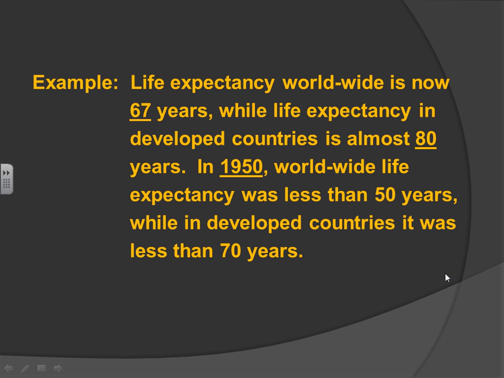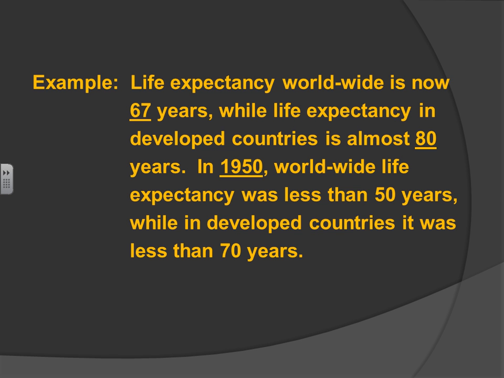So, for example, life expectancy worldwide, in other words, if you average everybody in the world, it's 67 years, while life expectancy in developed countries is almost 80 years. So if we average just the developed countries, it would be about 80. In 1950, worldwide life expectancy was less than 50 years, while in developed countries it was less than 70.